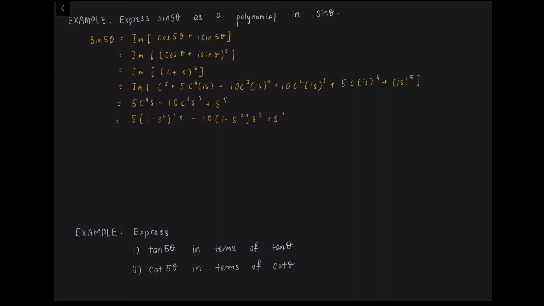So all the c squared will be turned into 1 minus s squared. Eventually, it can be simplified to 5s minus 20s cubed plus 16s to the power of 5. And we substitute all the s with sine theta, and we obtain our final answer.